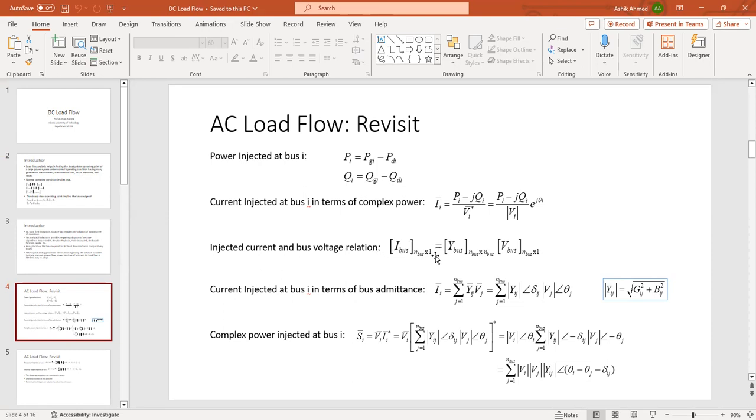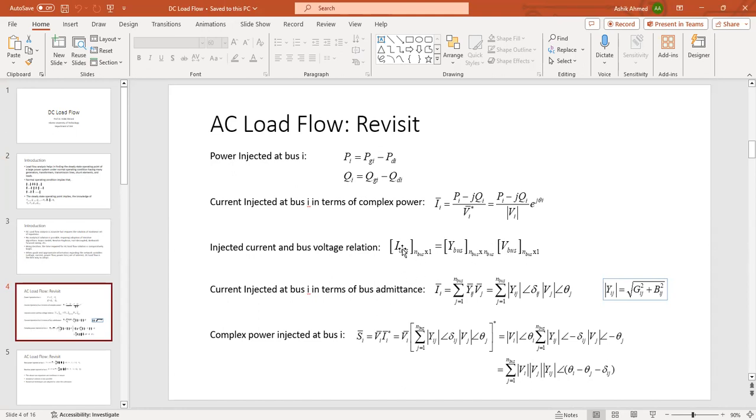If we have n buses present in the power system, there will be an I bus vector, whose dimension would be n bus by 1. The I bus vector can be obtained by the multiplication of the Y bus matrix, whose dimension is n bus by n bus, multiplied by the V bus vector, again with dimension n bus by 1.